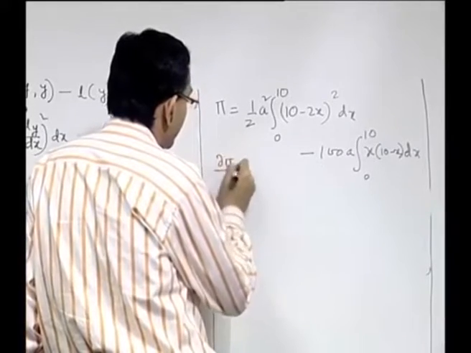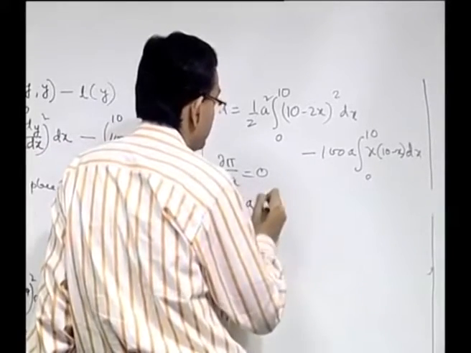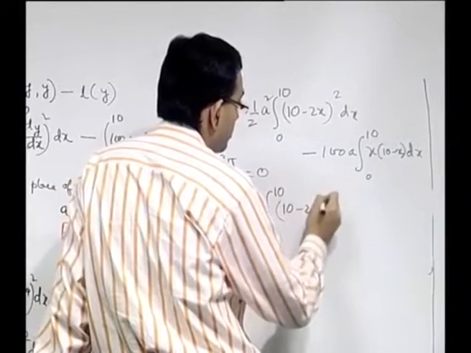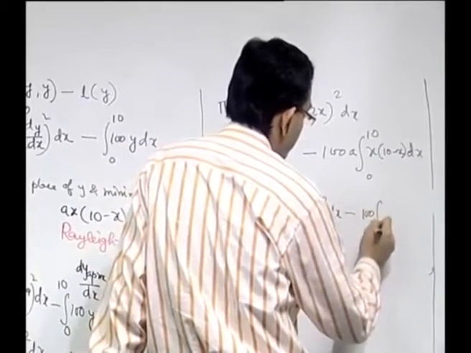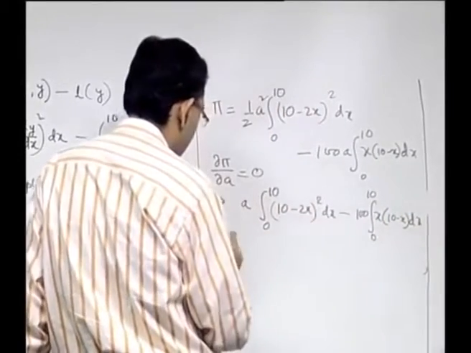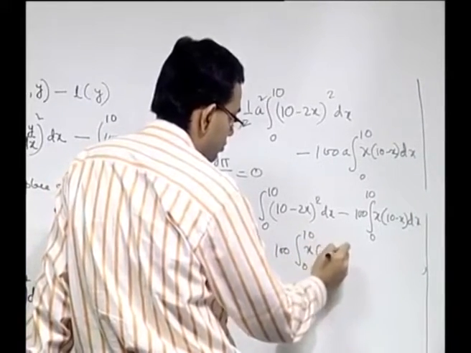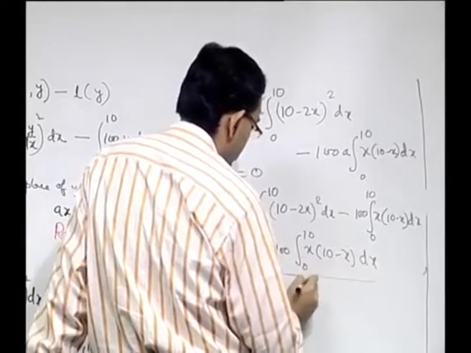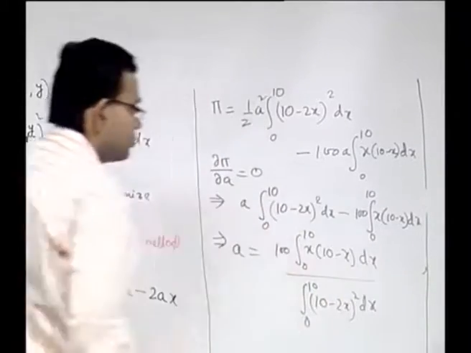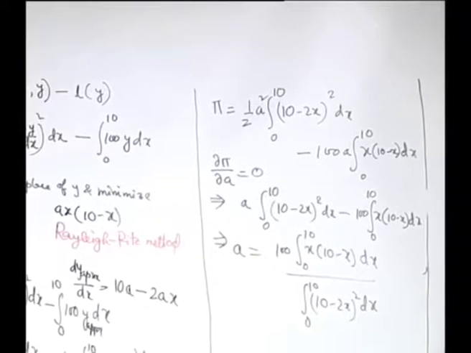So, you have del pi del a equal to 0, that means, which implies a is equal to, okay.